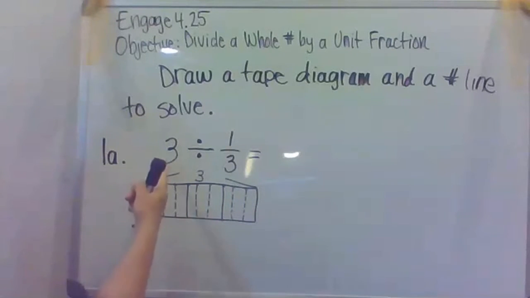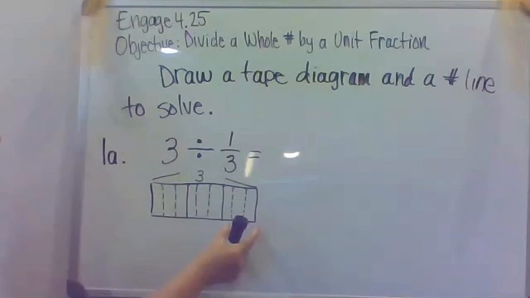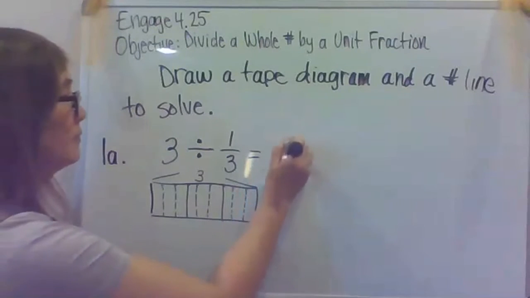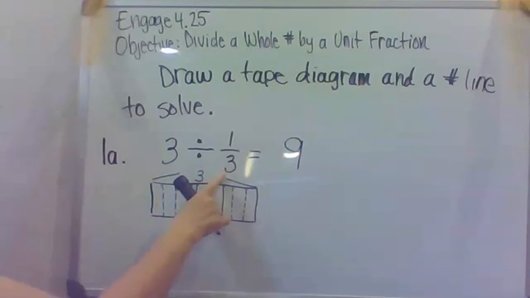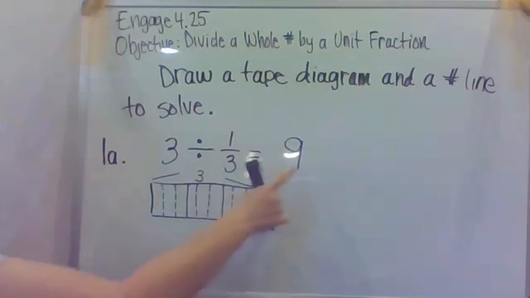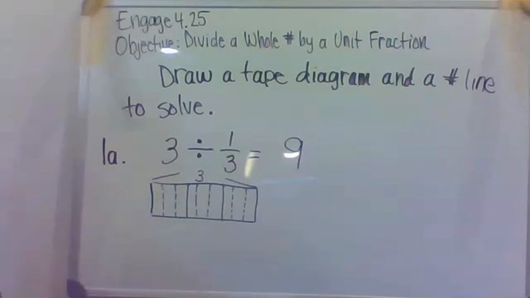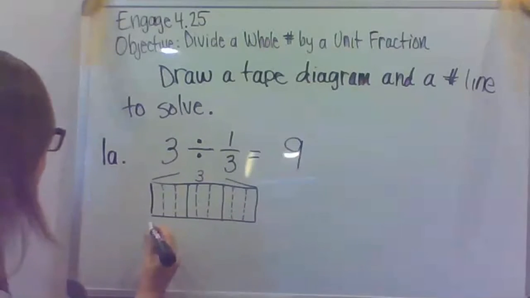So they want to know, if I have 3 wholes and I divide each of these 3 wholes into thirds, how many little thirds do I end up with? 9 of them. 1, 2, 3, 4, 5, 6, 7, 8, 9. So 3 whole things divided into little thirds. How many little thirds would we end up having? 9 little thirds.